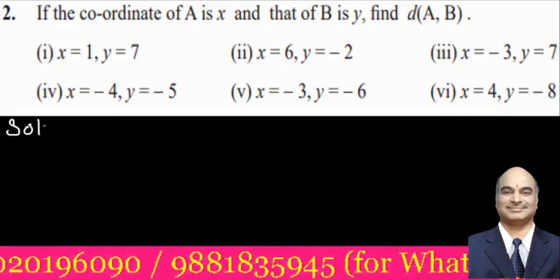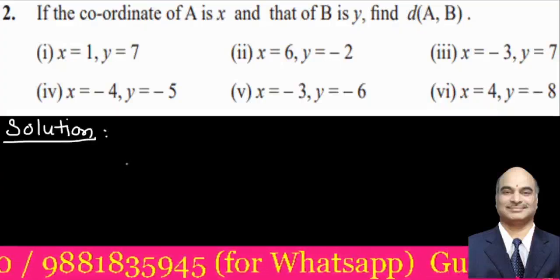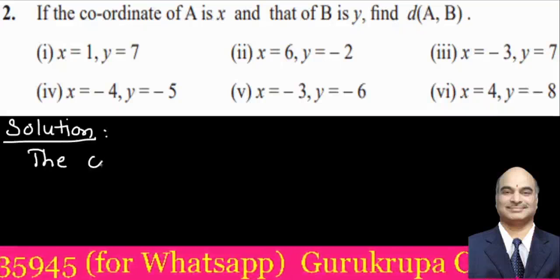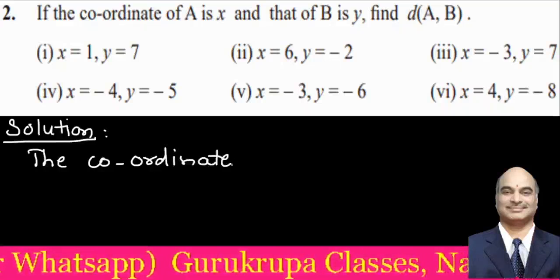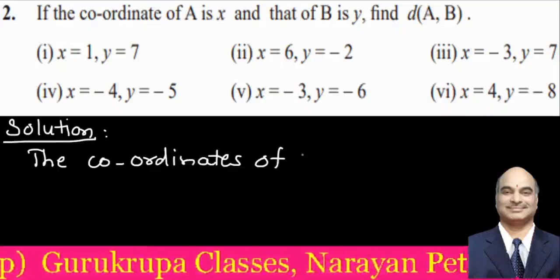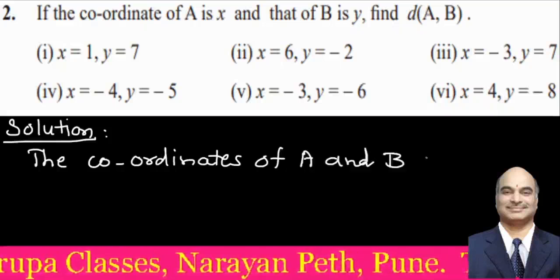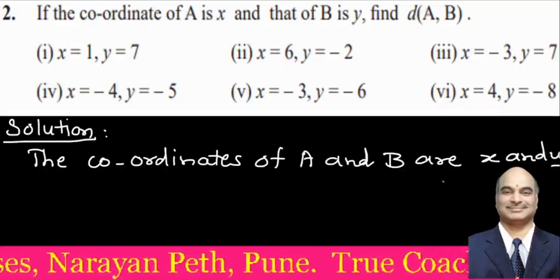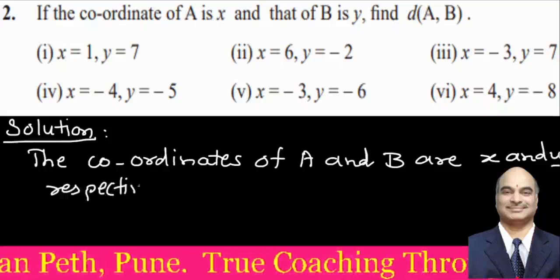So in the solution, we also have to write down the first line: the coordinates of points A and B are x and y respectively.